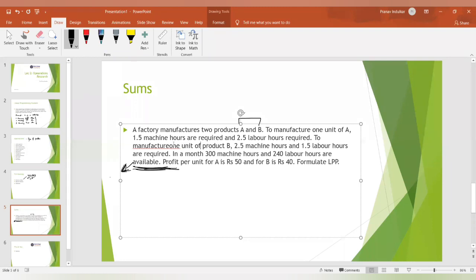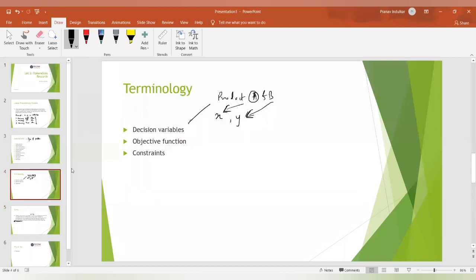So this is the constraint part. You understand what constraints are? What do you understand by the word constraint? Objective will be profit, time, cost. Is that clear? And a constraint is a difficulty.